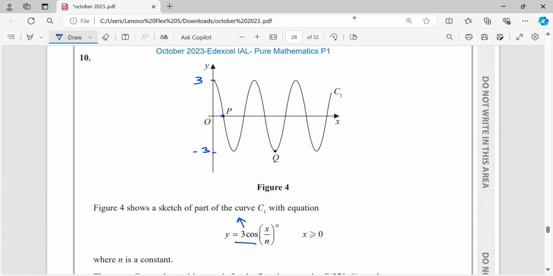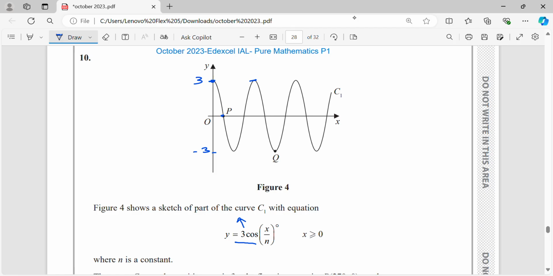For that I need to look at the period of the graph. What is the period? The period goes from one point to the next same point. Let's say from here to the next matching point is this, so this is one period.